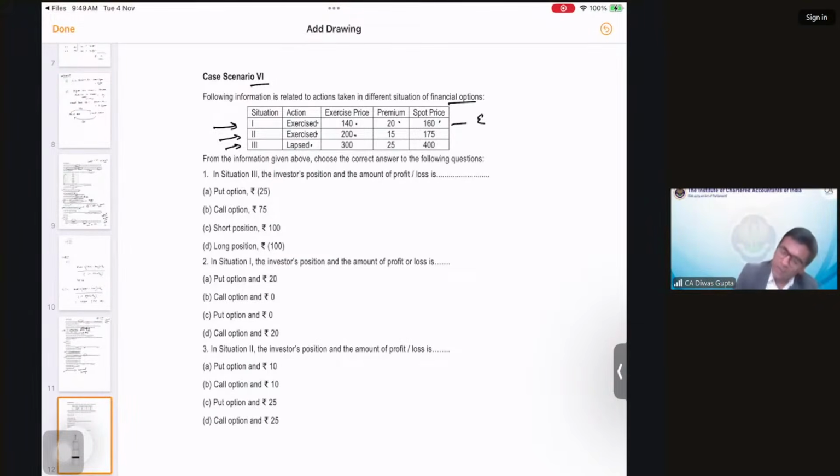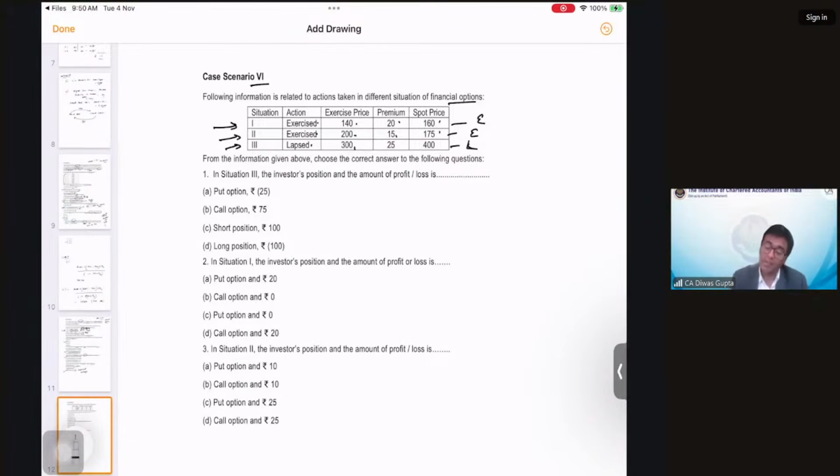The second situation is exercise price 200, spot price 175, premium 15, and it was still exercised. The third situation is the exercise price was 300 and the spot price was higher, but it was not exercised, it lapsed, and the premium we paid was 25 rupees. From the information given above, choose the correct answer to the following questions.